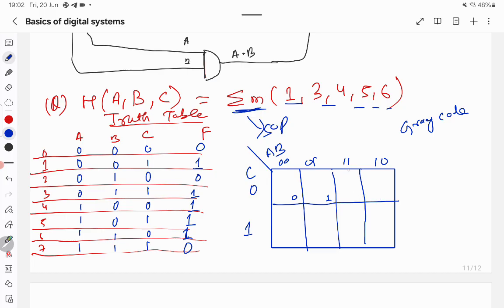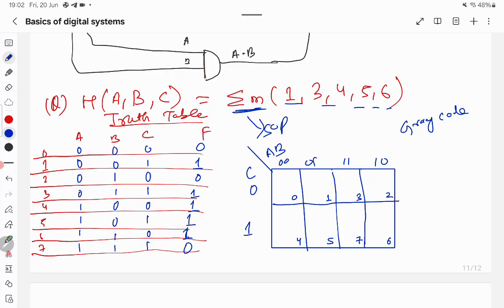Since we are following gray code, this will be 2, this will be 3, because 1 1 has more value than 1 0. And this one will be 4, 5, similar concept. This one will be 6, this one will be 7.